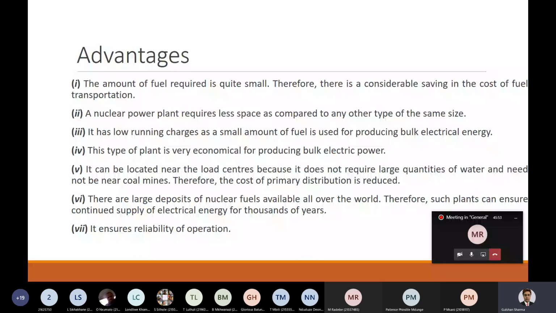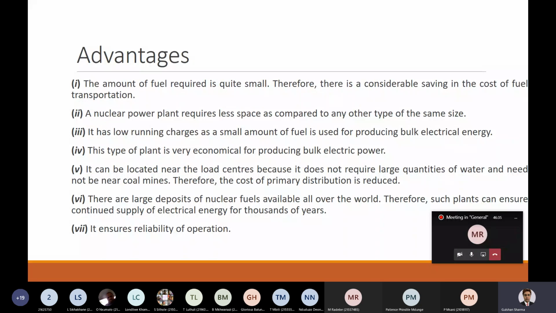Third thing is that it has low running charge. It means your running cost will depend upon the fuel, and the uranium 235, because nuclear power plants depend upon the chain reaction that is done with the help of the fission of slow moving neutrons onto the uranium 235. That will give you a chain reaction.